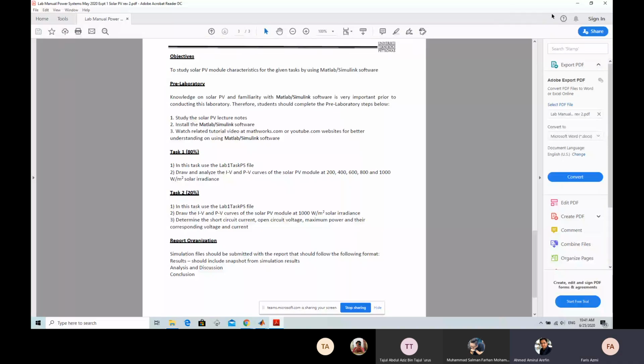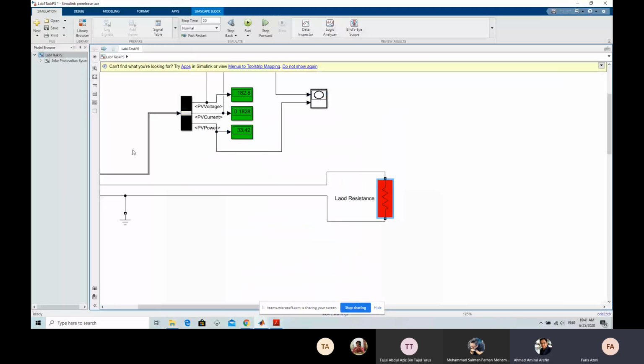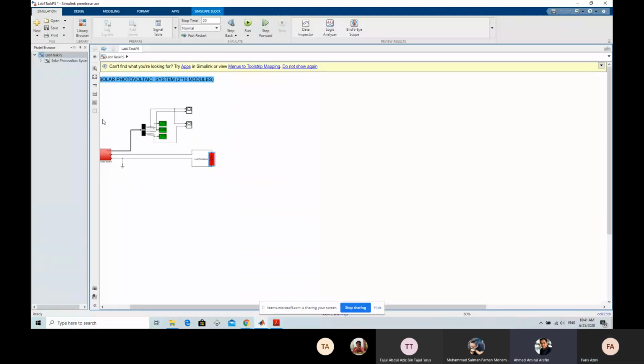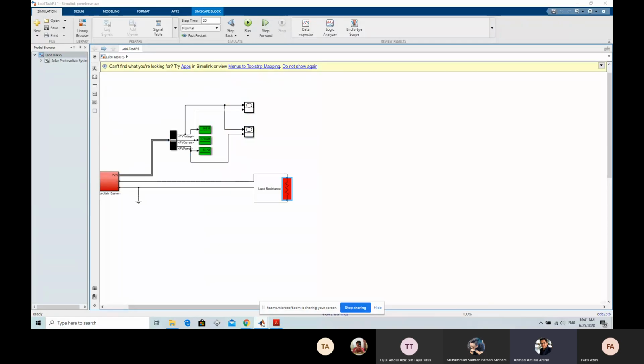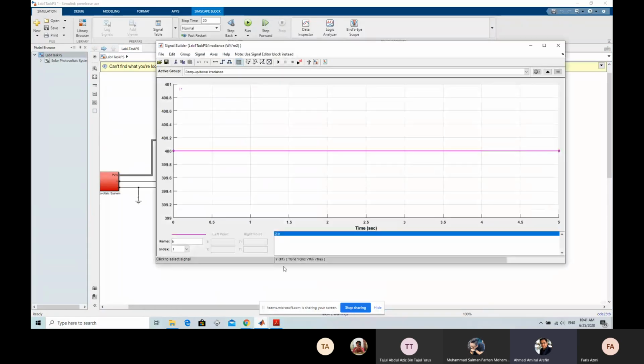So how do we change the value of irradiance in our MATLAB? Okay, then just open the signal builder. Do you have the file? This one? Yeah. Just go to the signal, replace with custom. Then put the values, like you have 0 to 5 here. First give a third bracket, then 0, 1, 2, 3, 4.